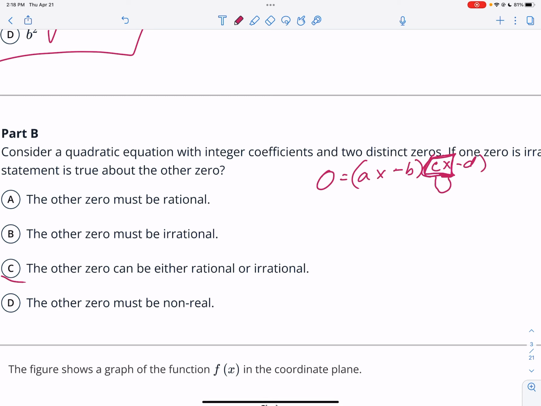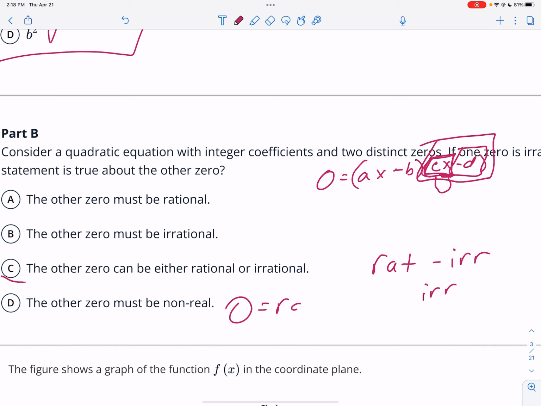No matter what ends up happening here, if this d right here ends up becoming irrational, then this whole thing is irrational. But the problem with that is that if you take a rational number minus an irrational number, then you will get an irrational number, which can't be 0. 0 is defined as rational.